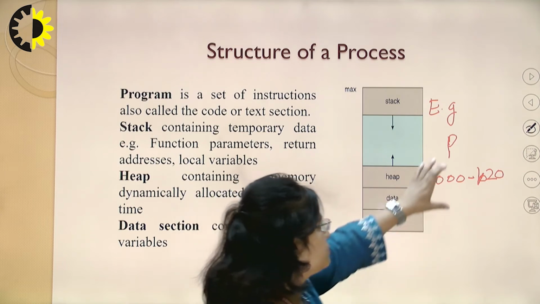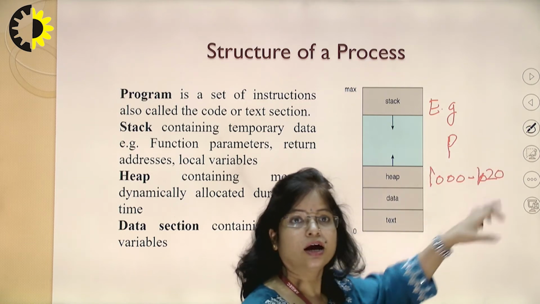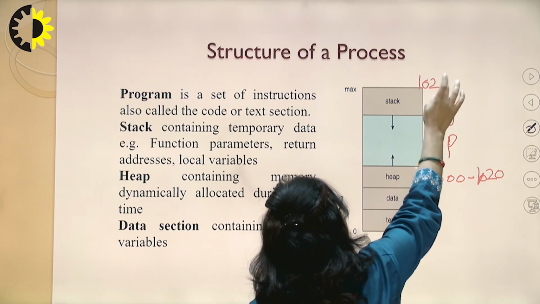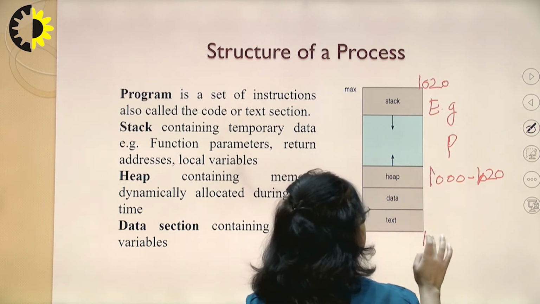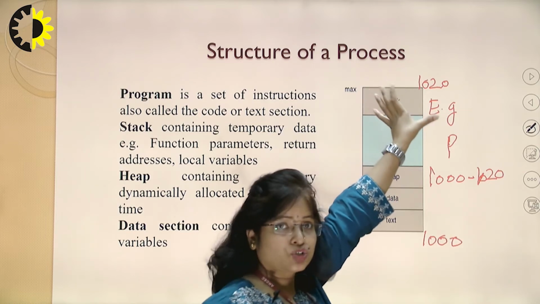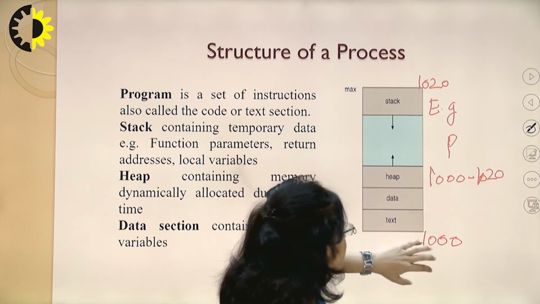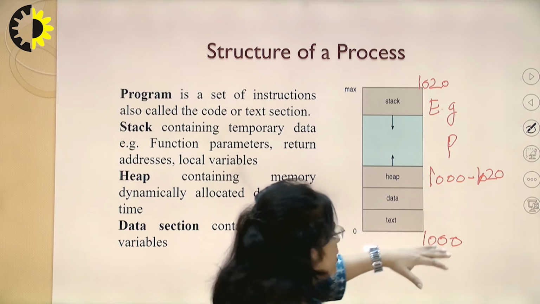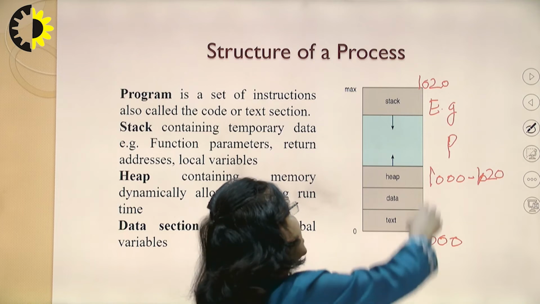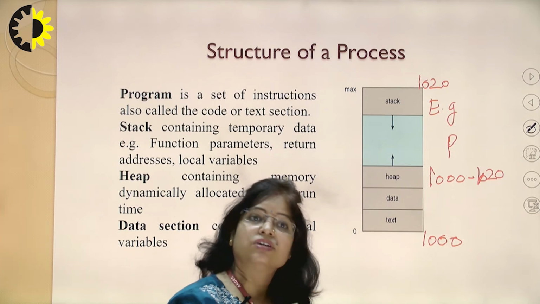The upper range is 1020, and the minimum range is 1000. So the stack starts storing data from 1020, and the lower part starts storing data from 1000. The stack is a data structure that works in last in, first out manner.